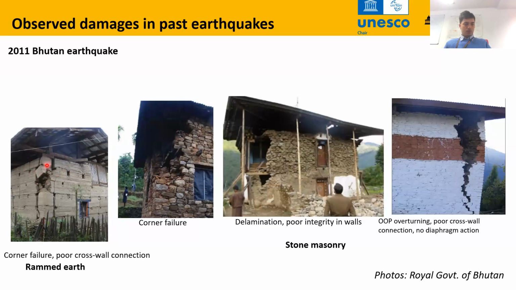Here the poor connection at the corner, so corner failure here. Here the poor integrity within the wall, so delamination of the outer leaves here, and here as well out-of-plane overturning of this wall, indicating poor connections at the roof level as well as at the floor levels.